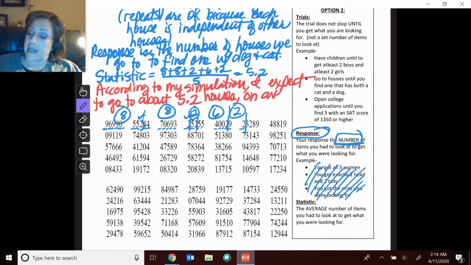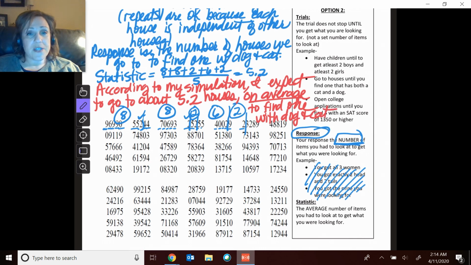That's the key to why the decimals are allowed on average to find one with a dog and a cat. All right, so there we go. Okay, so that finishes out that one.